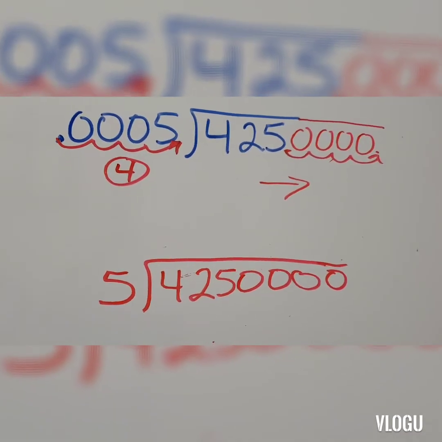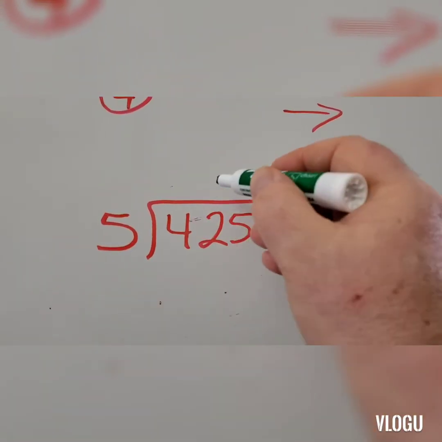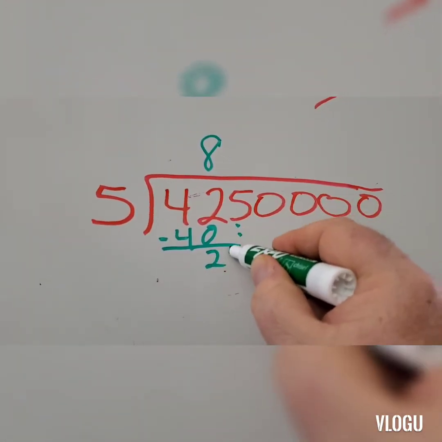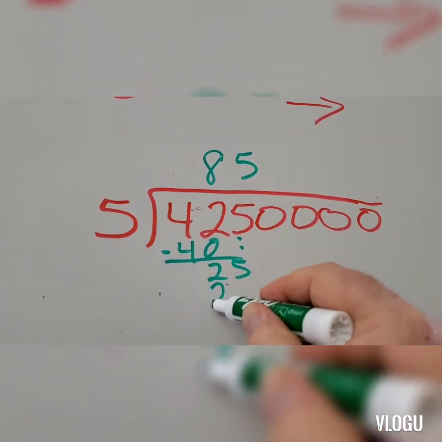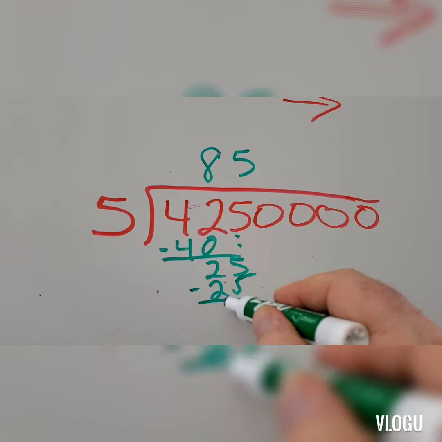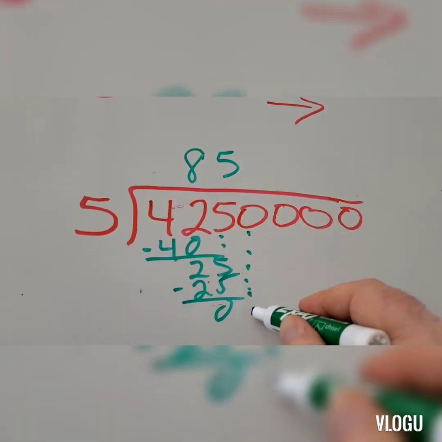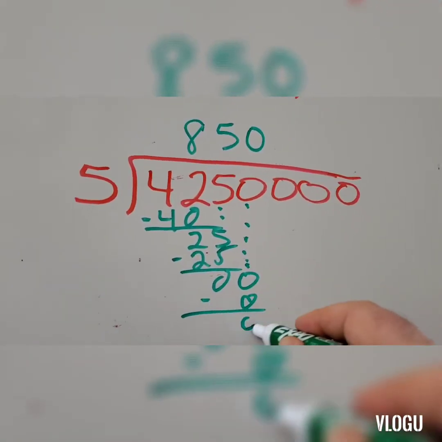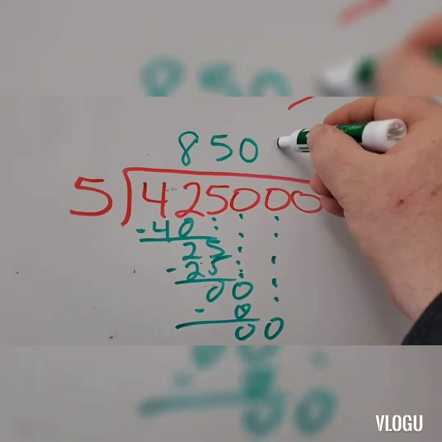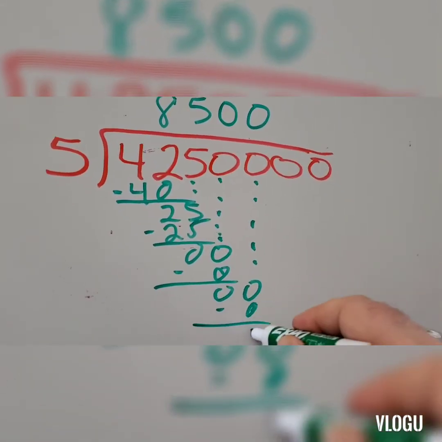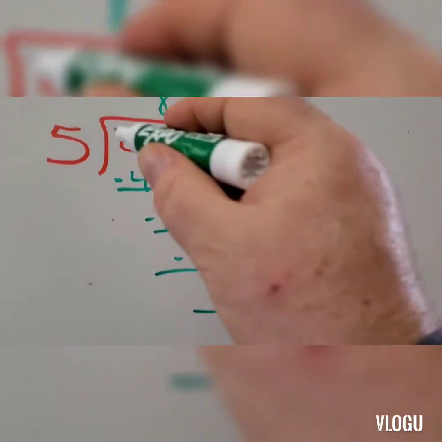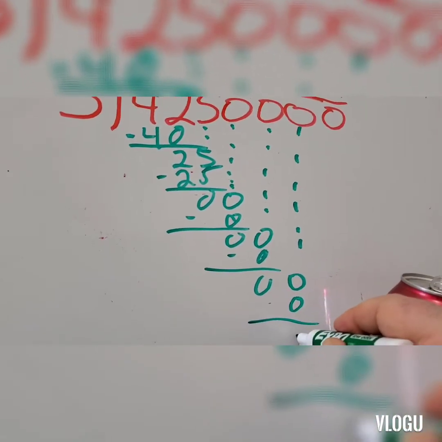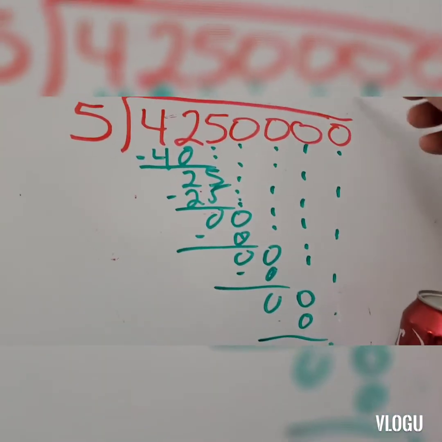All right. Now here comes the math. 8, 42, 5, 5, 25, 0. 5 goes into 0, 0 times, 0. 5 goes into 0, 0 times, 5 times 0 is 0, subtract, down to 0.